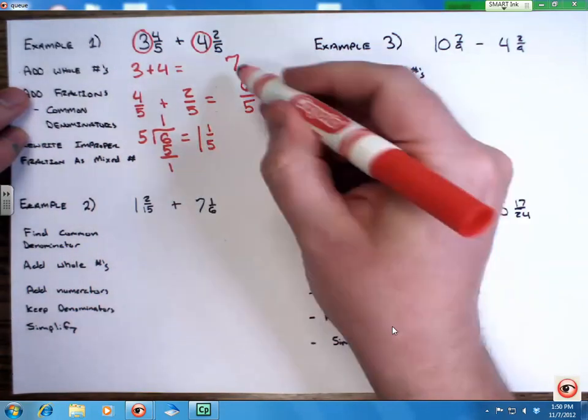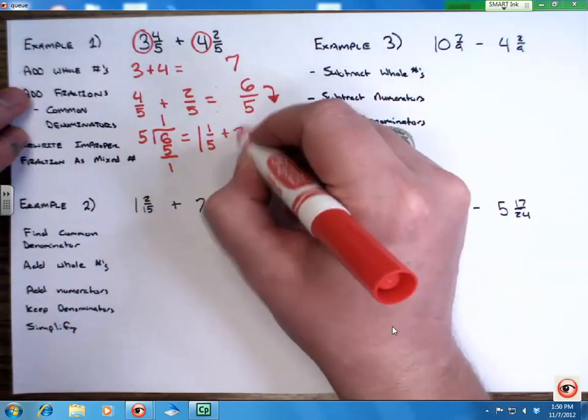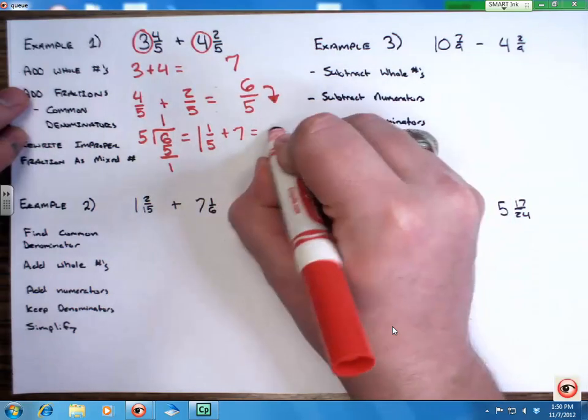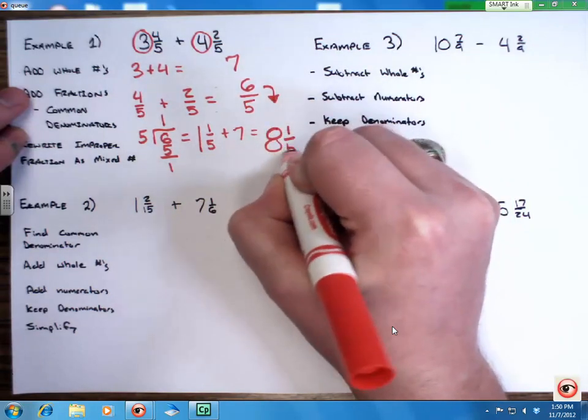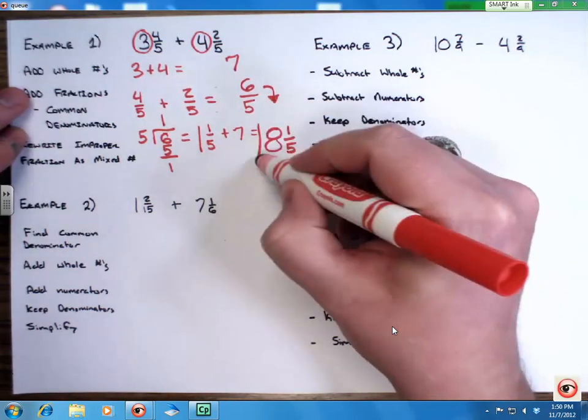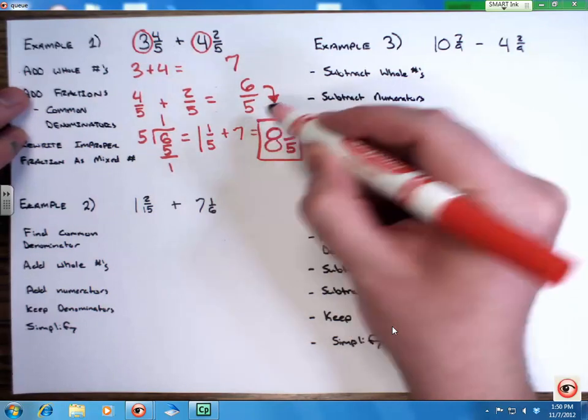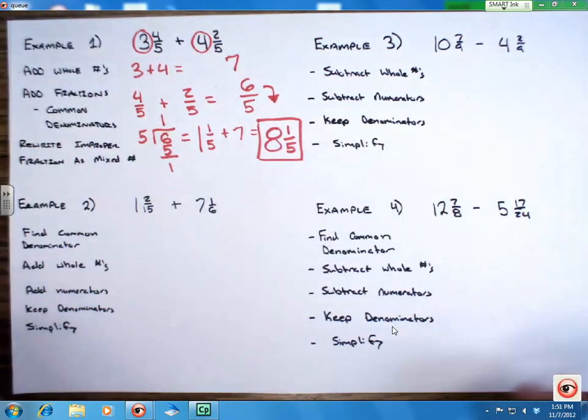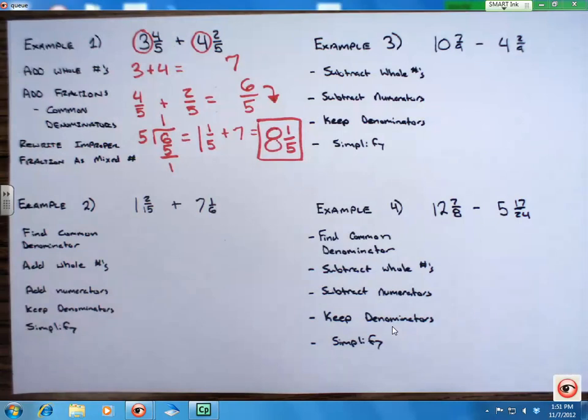Then we have to add that back to our 7 up here. 8 1/5 is going to be our final answer. It is pretty simple, as long as you do it one step at a time. If you try to jump ahead of yourself, you're going to get it wrong because you're going to miss one of the important parts. Okay, any questions on that?